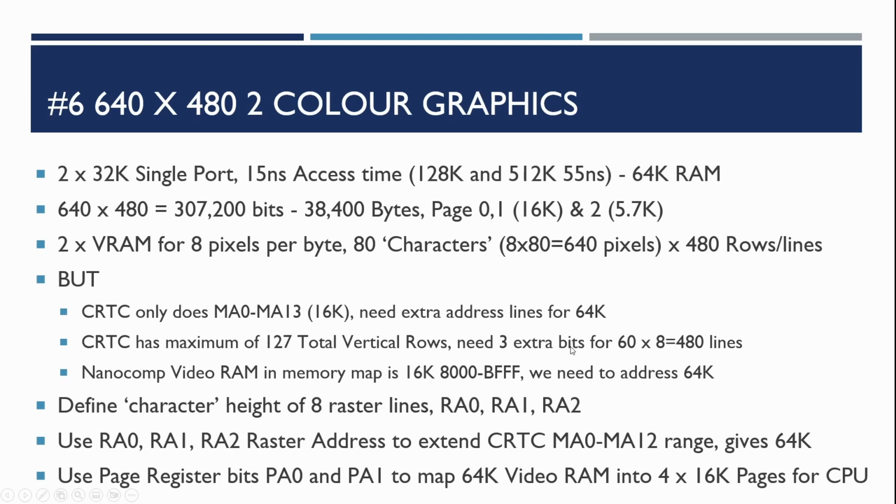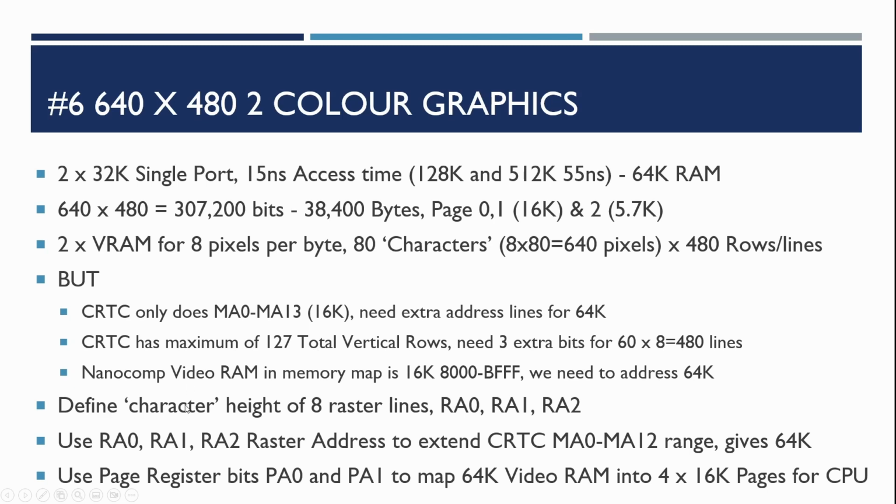In fact we need 3 bits or 8 lines per raster character. So what this means is to get 480 lines with 8 raster lines per character, we then need 60 characters per screen. Now the Nanocomp video RAM is only 16K in the main address space, and so because we need to map that to 64K, we need to do something about that as well.